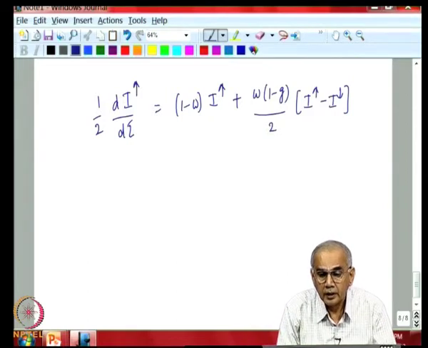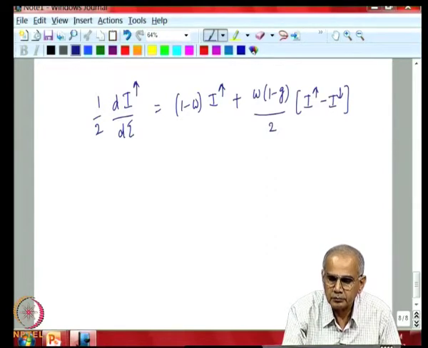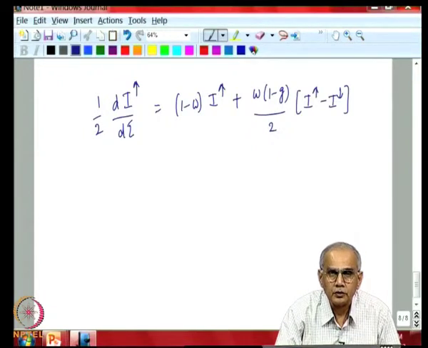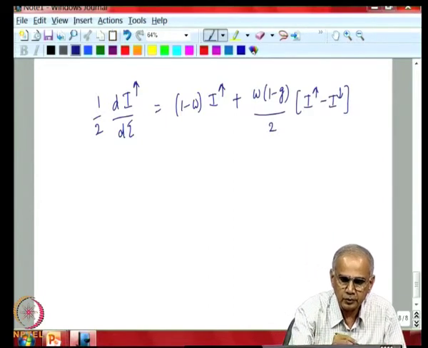On the other hand, if there is only backward scattering and G is minus 1, this will become 1, and this term will cancel out and we will have 1 minus omega I downwards. So, let me write this down so that you appreciate this.